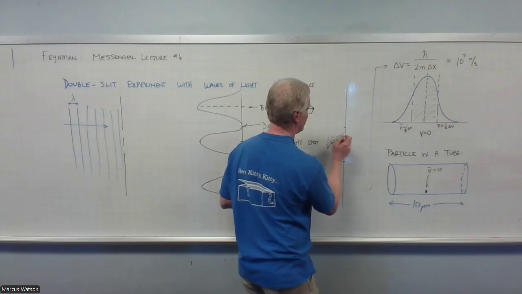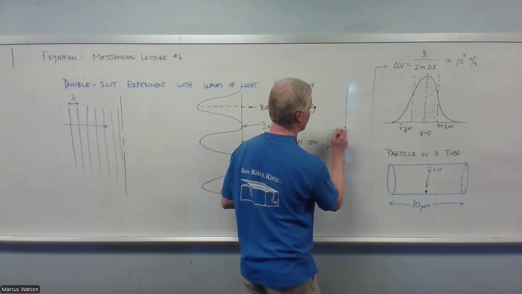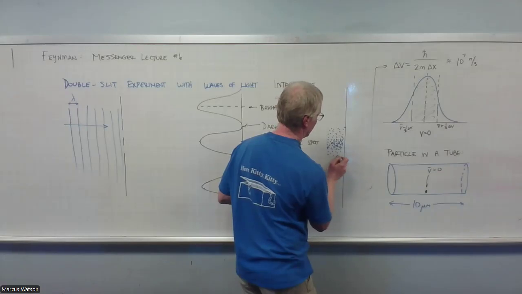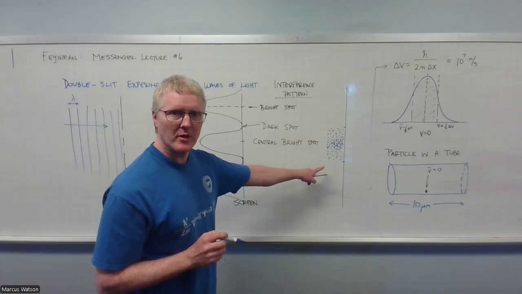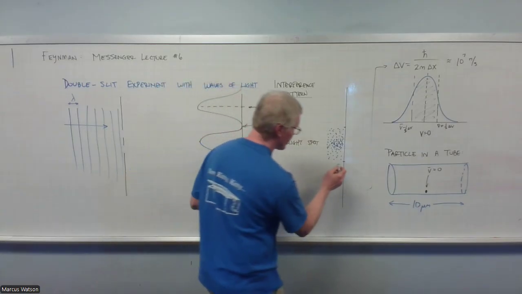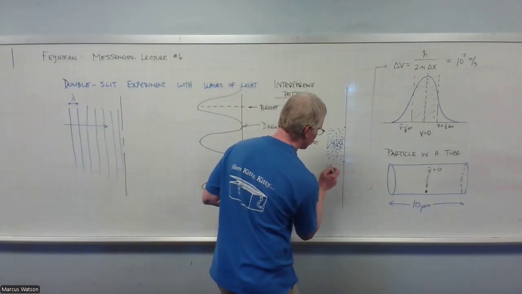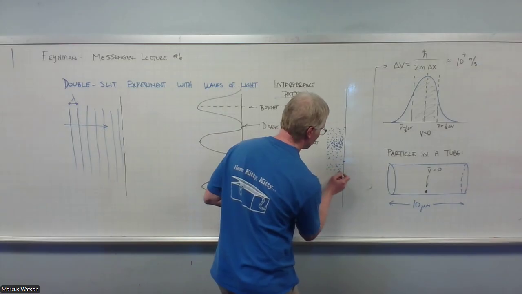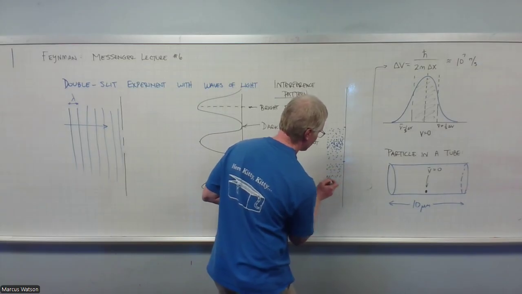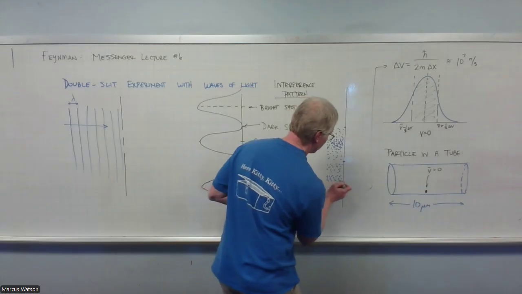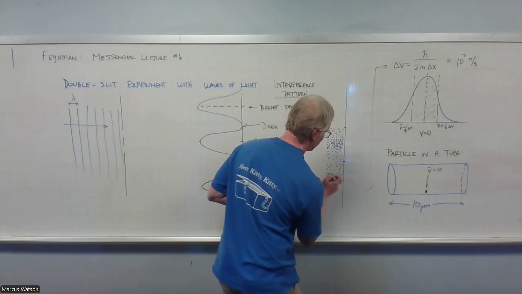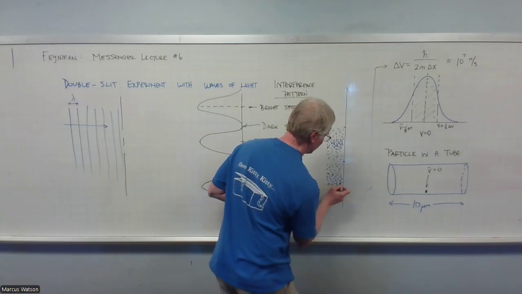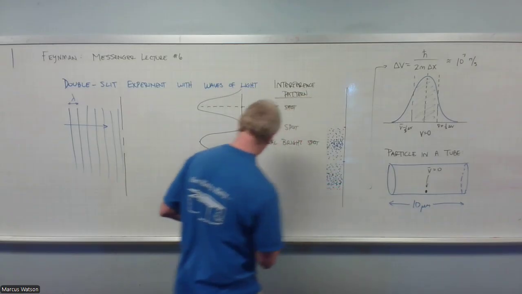Okay, I'm going to see fewer and fewer dots out here. All of a sudden, I'm going to have a little piece right here where there are none. And then I'm going to start the whole thing all over again. Where's my next minimum?